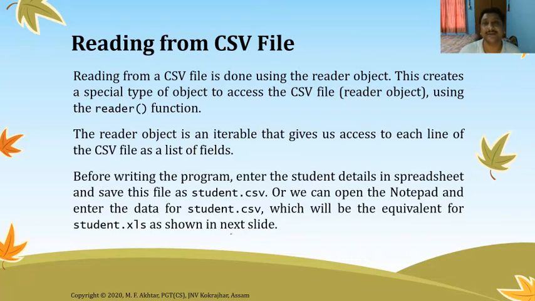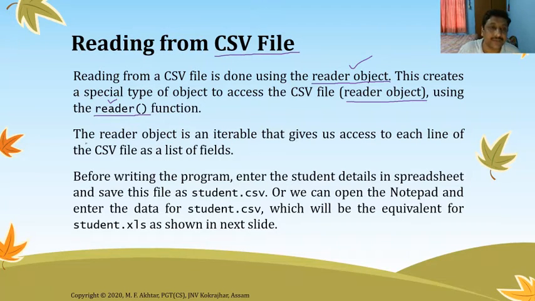This creates a special type of object to access the CSV file, known as a reader object, using the reader function. Using the reader function, we first have to create the reader object, then we can use the CSV file.